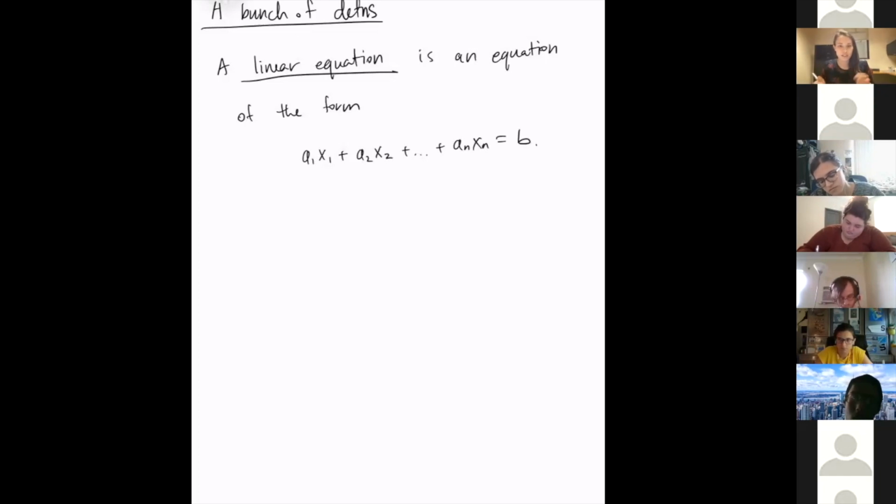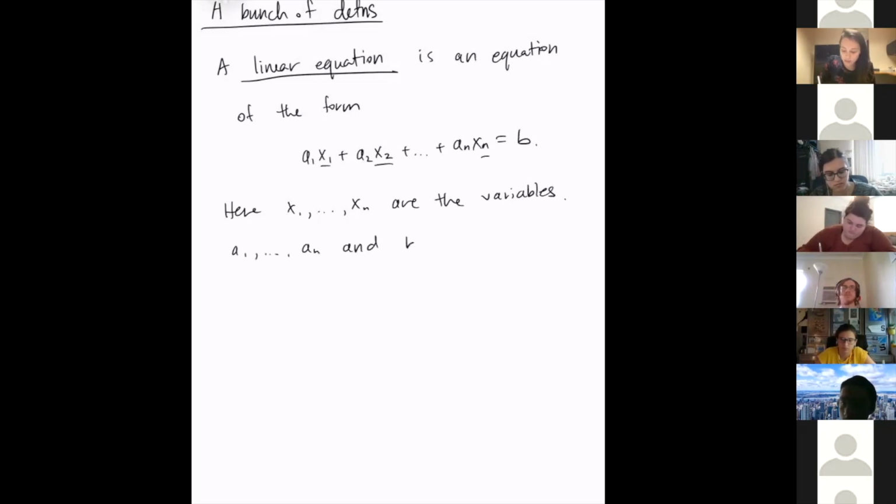When you're looking at this equation, what you should see is x1 up to xn, each of these are supposed to be variables. And then a1 up to an and b, all of the ai's and then b as well, these are constants. Just keep those separated.